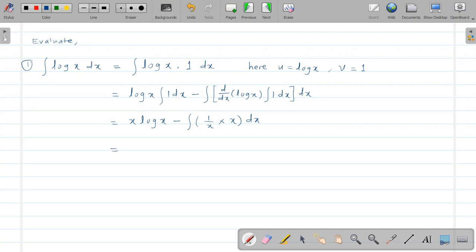But we know that 1 upon x into x is 1. So what will be the next step? x into log x as it is, minus we have to evaluate the integration of 1 dx again. So that's why we get x into log x minus, now integration of 1 is x, plus constant. So what is the integration of log x?